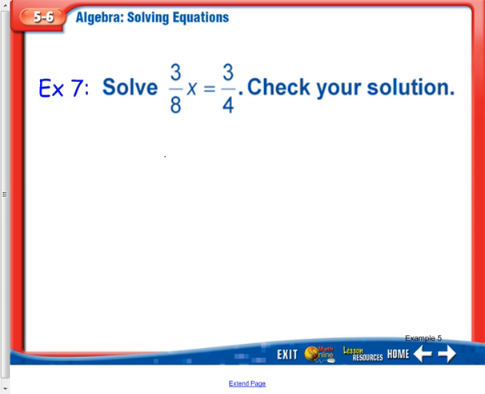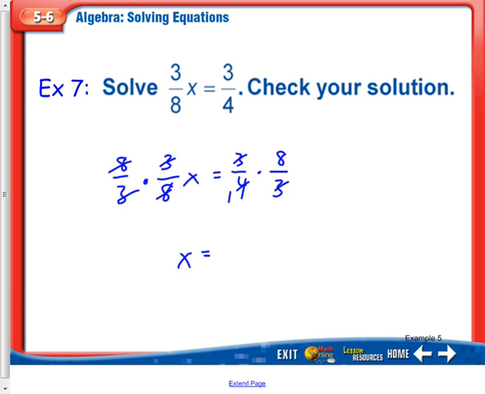All right, so again, copy the problem. 3/8 times x equals 3/4. Now, we would normally divide by the coefficient, but the coefficient this time is a fraction. So we're going to multiply by the reciprocal. Whatever you do to one side, you have to do to the other. So 8's will cancel, 3's will cancel. I'm left with x. Here, the 3's will cancel.